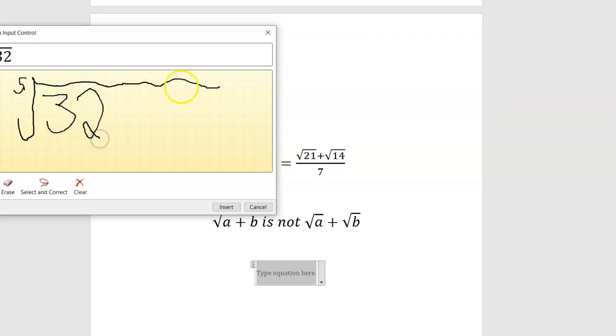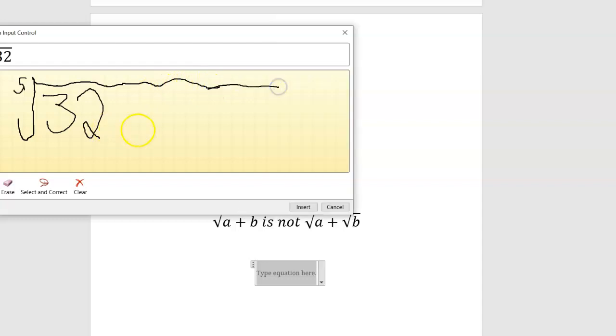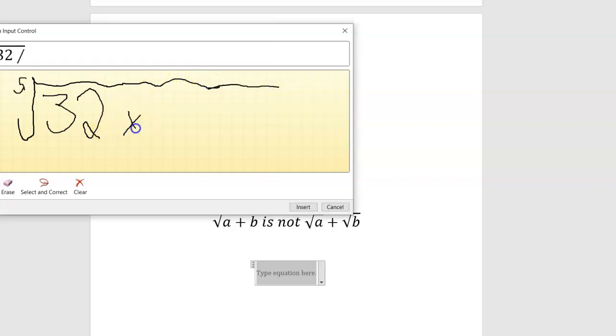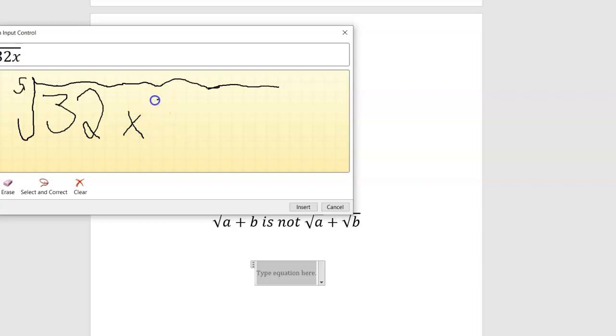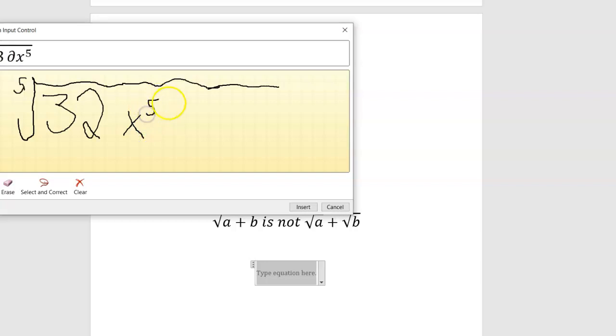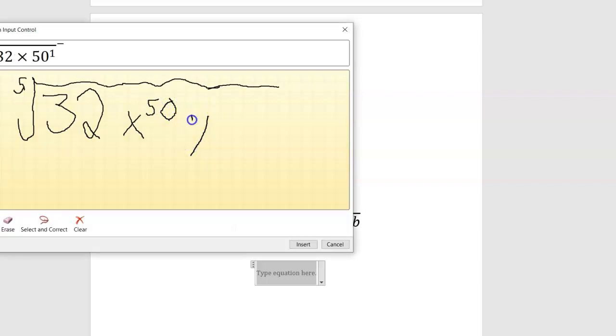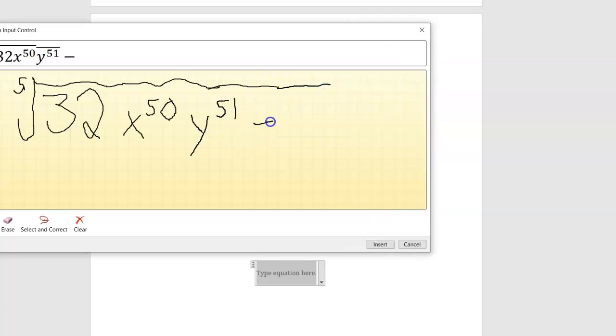That's 2, by the way. But no, I'm going to do something more interesting than that. Let's say I put x to the 50 here. Let's say I put y to the 51 here. And let's say that I put z.